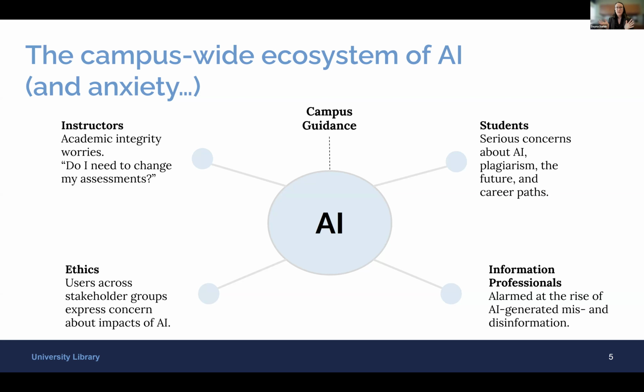And then, kind of bigger societal questions about, are these tools going to impact human creativity, critical thinking skills, our democracy as a whole? It really gets very existential and big. And kind of underlying all of that is campus guidance. And so at our campus, we are very careful to call it guidance rather than policy.